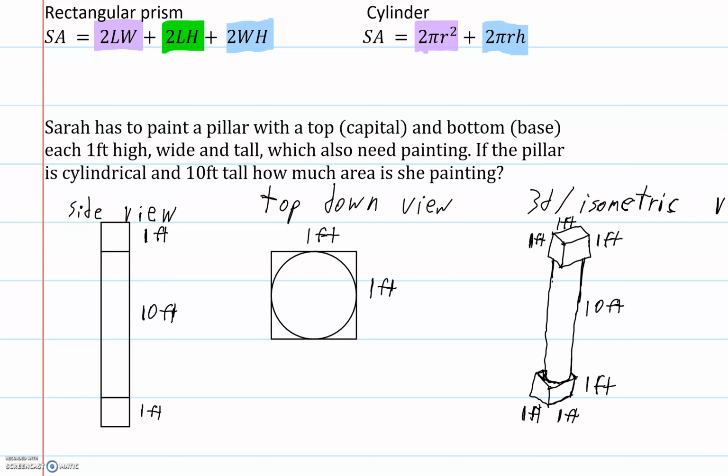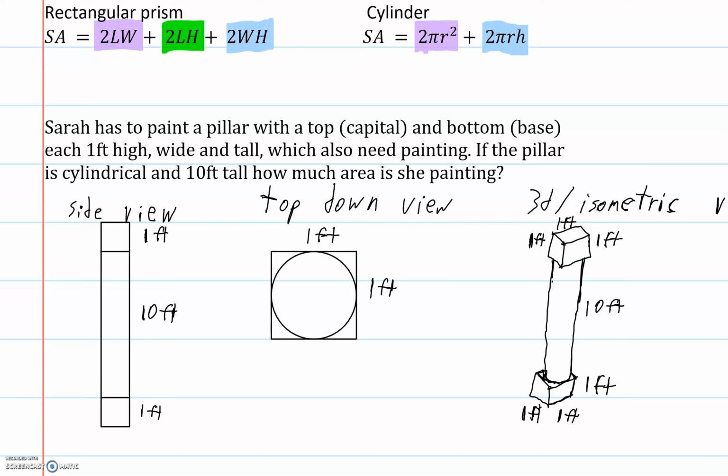But anyways, let's look at first of all the 3-dimensional drawing that I did here. At the bottom and at the top, there are basically cubes, okay, and inside there is a cylinder. The top and the bottom are touching things, so the very top and the very bottom do not need to be painted.